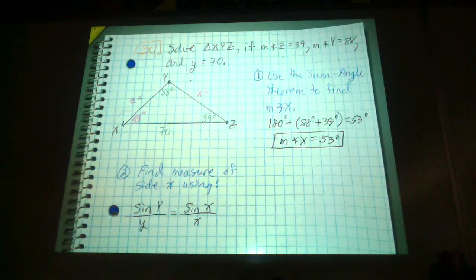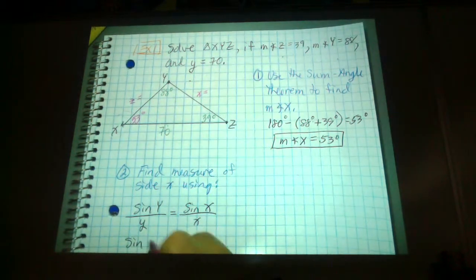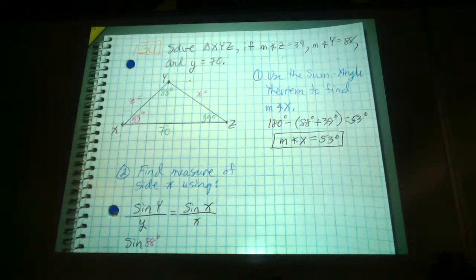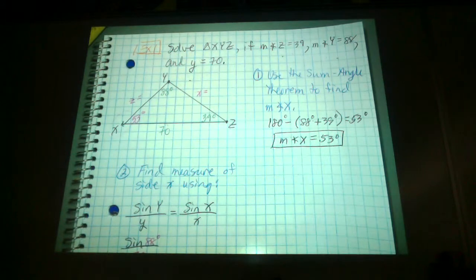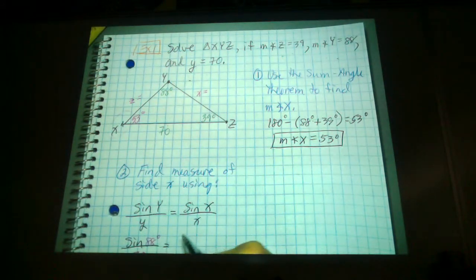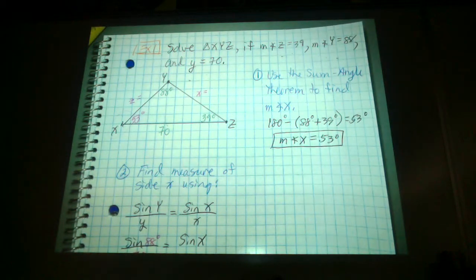So then plug in your information. Sine of Y is 88 degrees, we'll find that in a minute, divided by the measure of side Y is 70, equals, we're going to find, oh, we already know X. Oopsies.